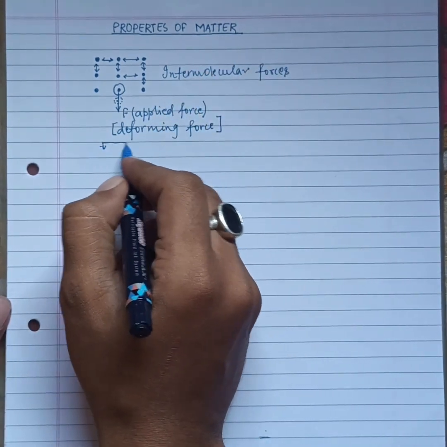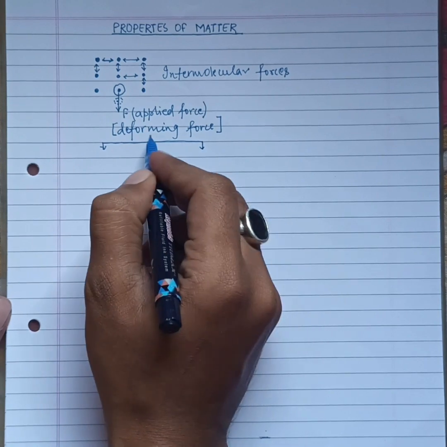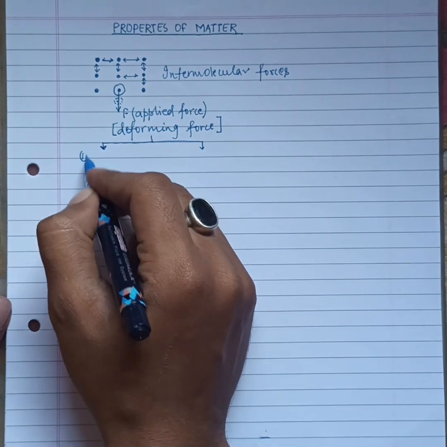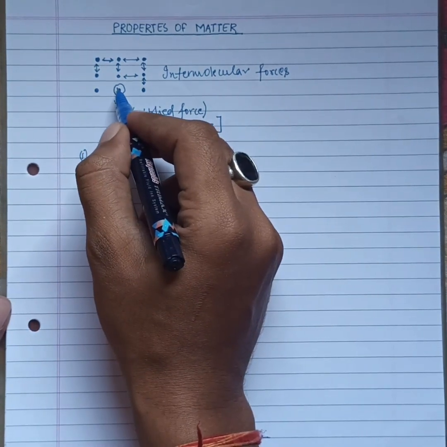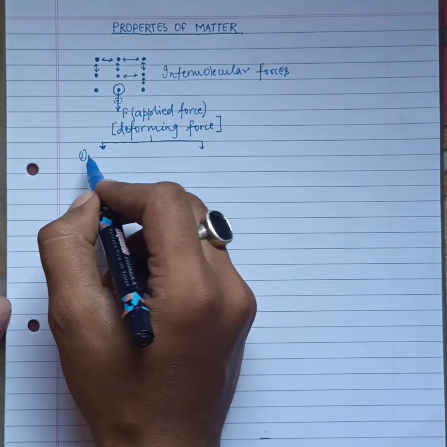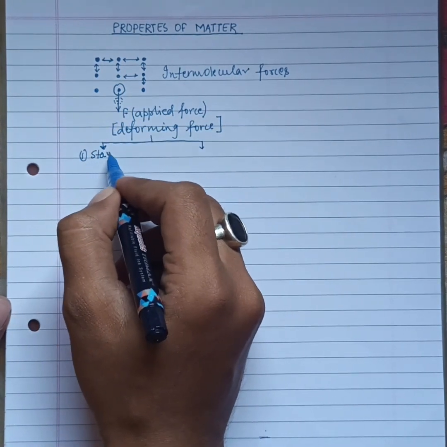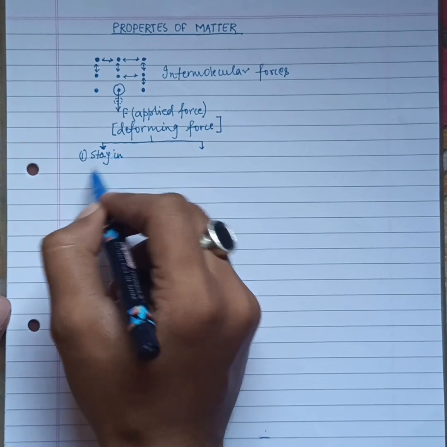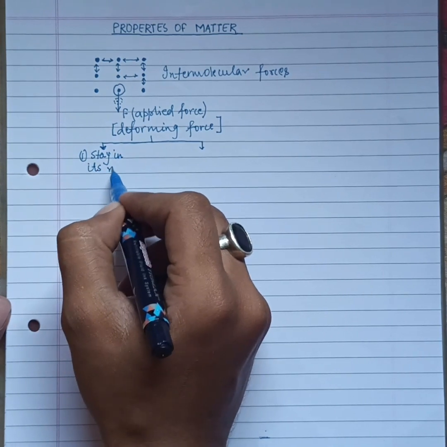Now, when the deforming force is released, two things can happen. The first is that the molecule which has been displaced from its original position will stay in its new position.